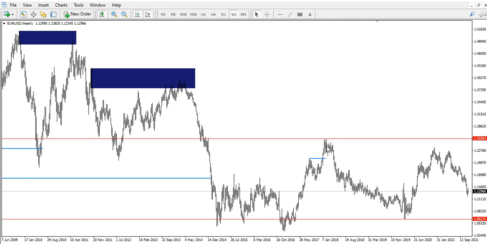Okay, so this swing high here broke this structure here. This swing high broke this structure, and can we now confirm that this is a failure of market structure? Yes, we can confirm. Why? Because we have to look at this break of market structure here. We don't focus on this one.